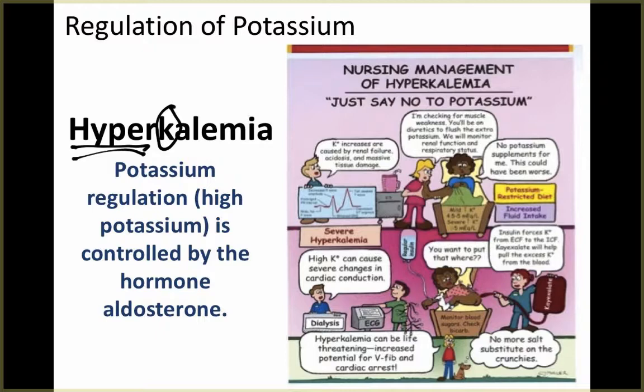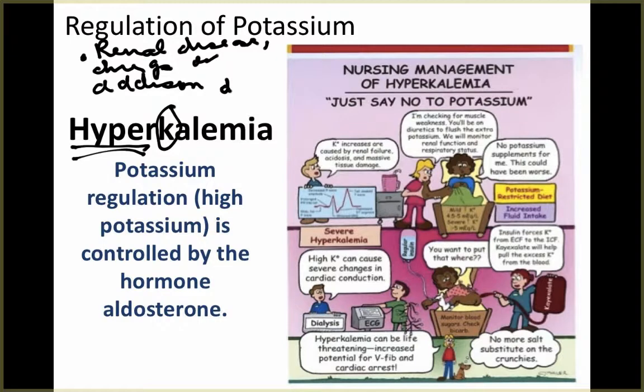And so what we're looking at here is hyperkalemia, which is high potassium levels. And here, it's going to be caused by renal disease, can be caused by drugs, or Addison's disease. And like I mentioned before, it can cause a lot of problems, right?